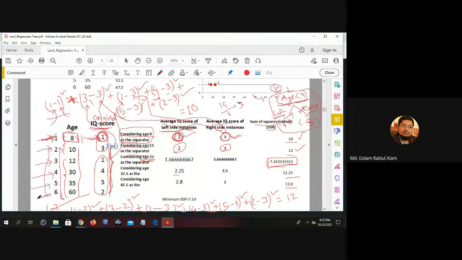And the sixth person, original is 2, and the prediction is 3. So we have calculated the sum of square residuals based on the original IQ score and our prediction, considering 9 as the separator. If we do the math, then you will get 10.